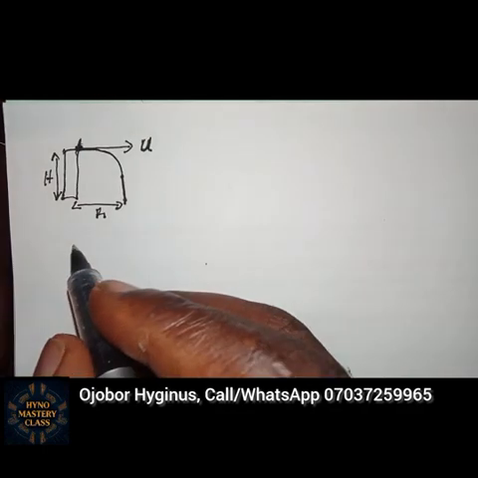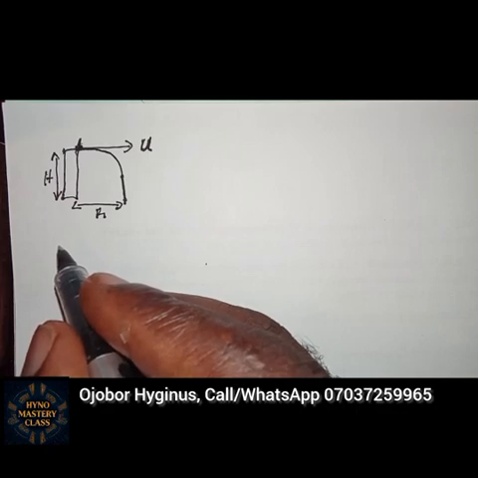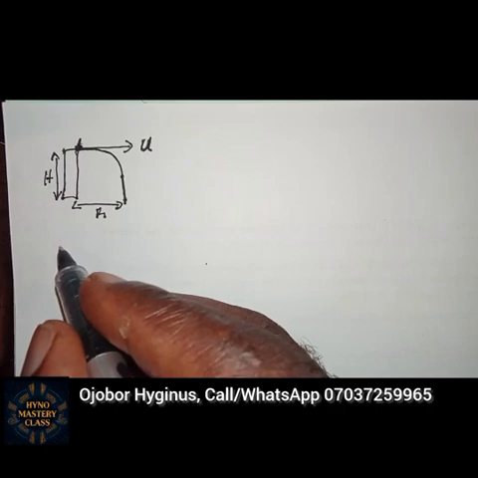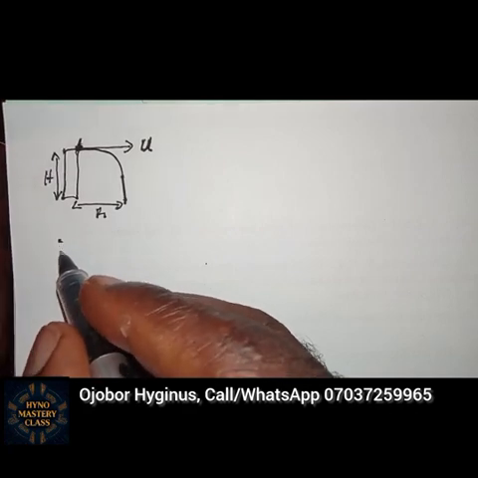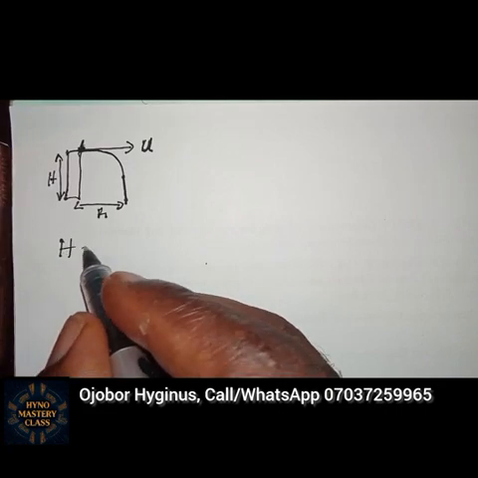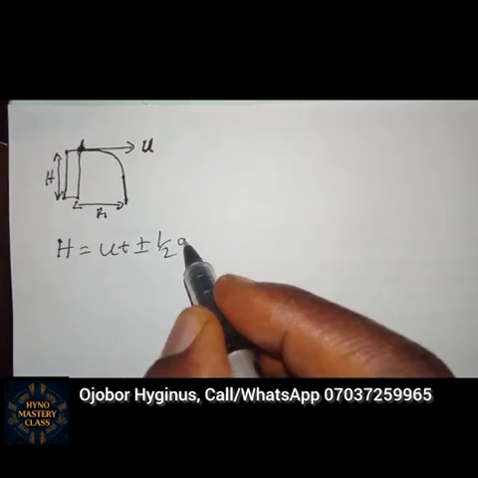So what then are we going to do? What we are going to do is to use the same equations of motion. And then, very important in this particular aspect of projectile, I will always advise students to make use of the second equation of motion. It can help you solve anything you want to solve. The second equation says h equals ut plus or minus half gt squared.